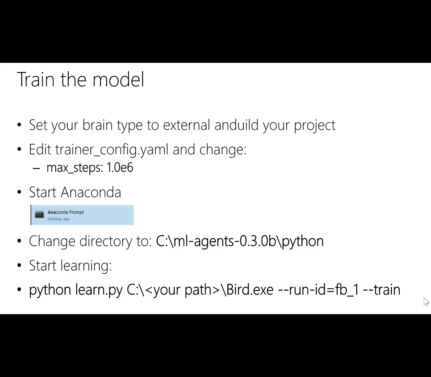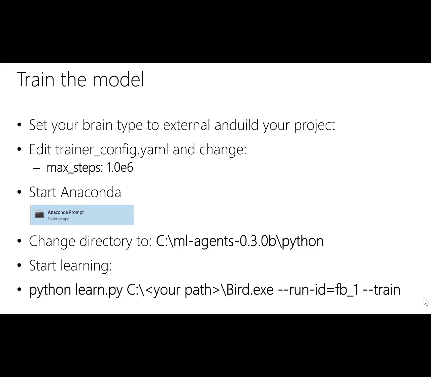So here you see the steps, the summary of what we did. So if you want to try that yourself, you need the Flappy Bird game. You have to set up the brain. You have to set up the agent, and you have to build the executable. Don't forget to set the brain type to external. Then build a project, and you might change the trainer config YAML file and change the max steps.